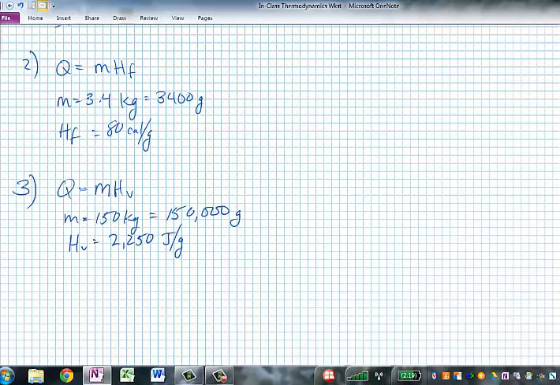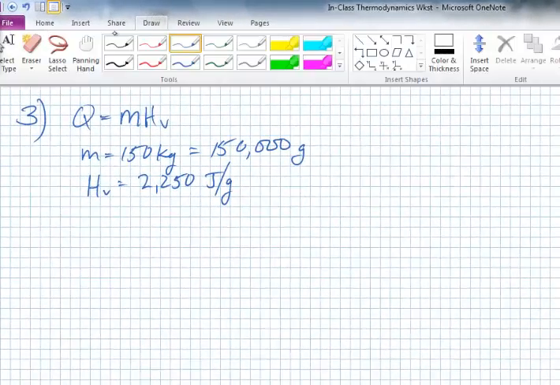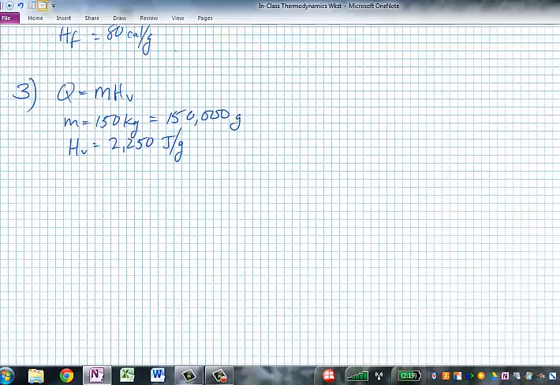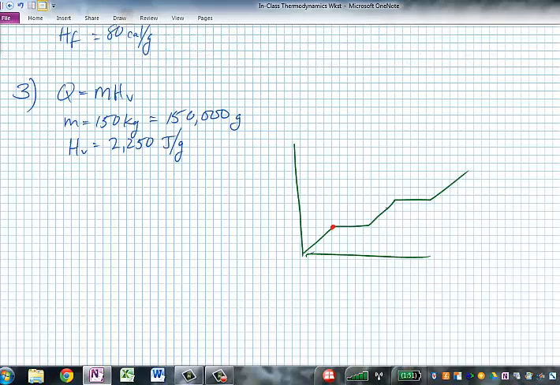Number four, how many BTUs would it take to begin with 10 pounds of ice at 0 degrees Celsius and get it to steam? So we've got to melt it, heat it up, and boil it. If we take a look at the graph we're supposed to use every time, our starting point in this case is right down here. We're at the melting point, but on the solid side of it, to the left here.